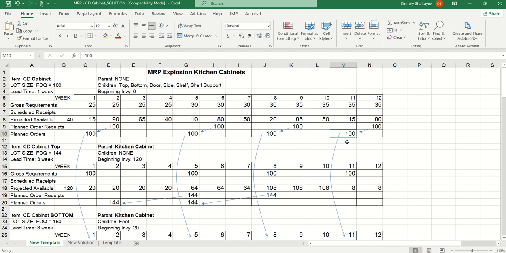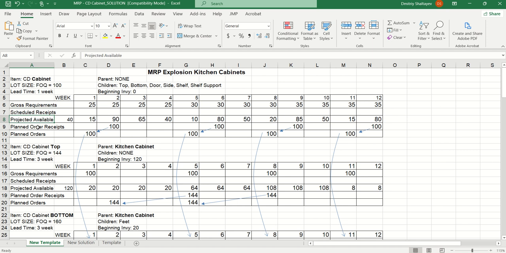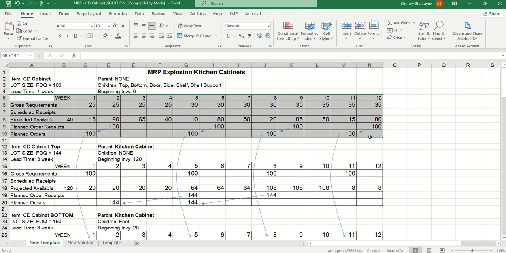So we created what is called an MRP record. One set of these rows specifies scheduled receipts, projected available, planned order receipts, and planned orders or planned order releases. So we created the MRP record for the top item, the kitchen cabinet.